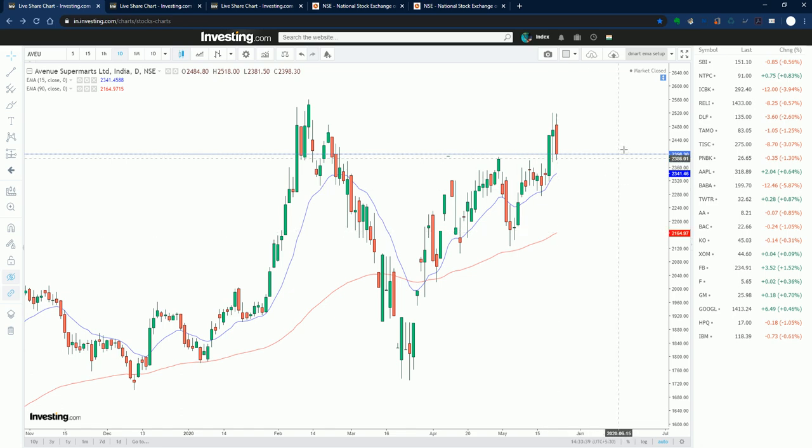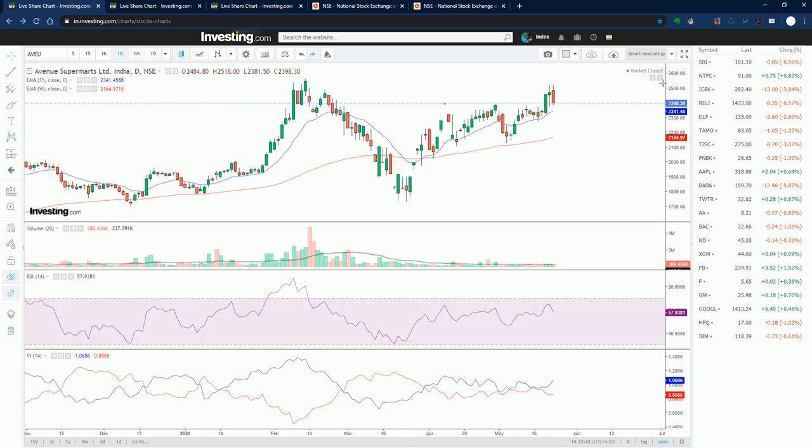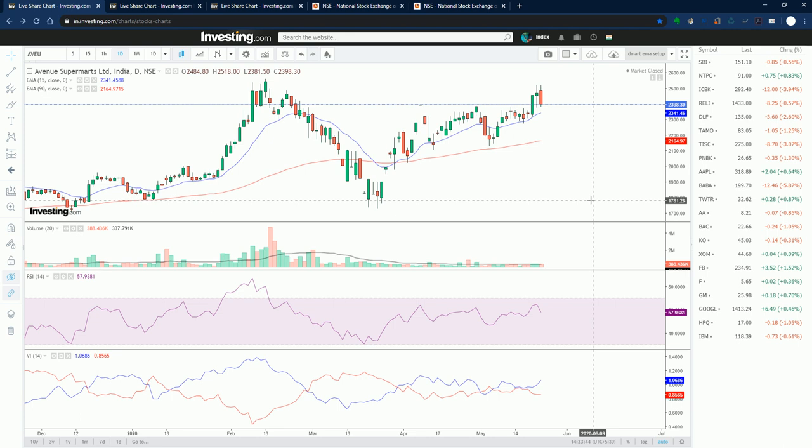So let us go through the indicators also, what the indicator says. Here we can see the RSI indicator. The momentum is very low compared to the previous up move. In that up move the RSI went into the overbought zone, but here it is not like that. It is halfway, somewhere around 57.93.